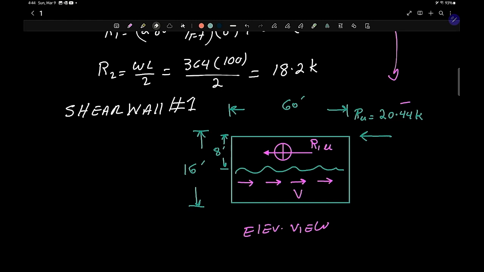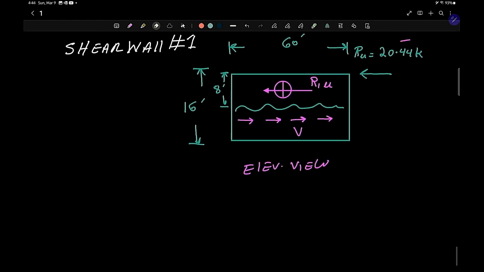So we're going to calculate R1U, which is equal to Cs times W, and that was given to us as 0.20, multiplied by the weight of the wall.